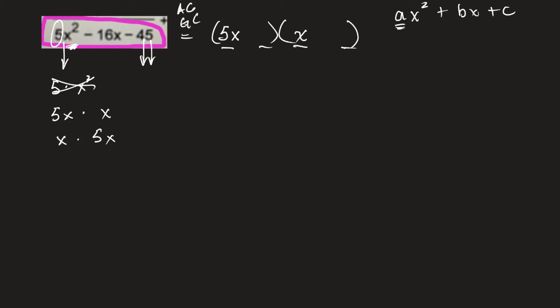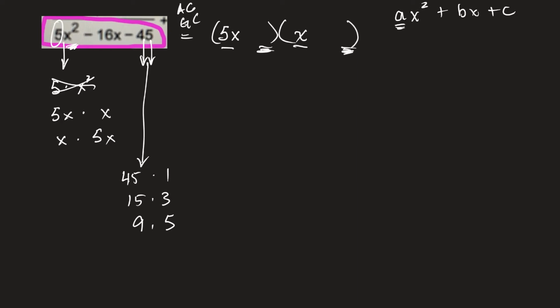Now with the 45, unfortunately, you've got lots of options. You have 45 times 1, 15 times 3, and 9 times 5. Those are the different things you can guess to see if they go in these slots.